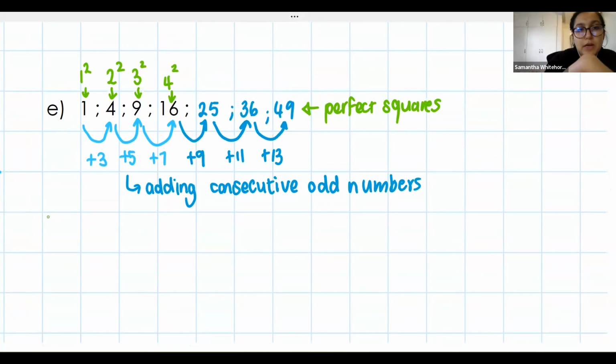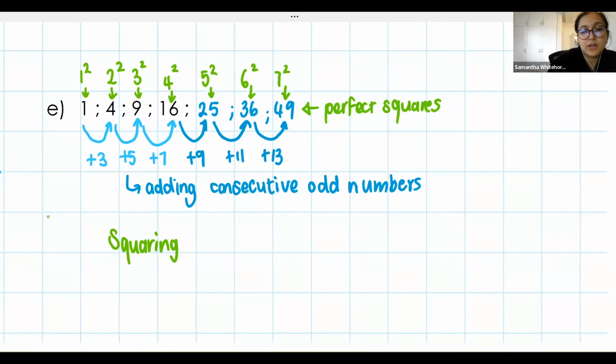And so we can keep going on in the pattern. 5 squared, 25. 6 squared, 36. 7 squared, 49. And so another way to see this pattern is that you are squaring your terms in order to get the value.